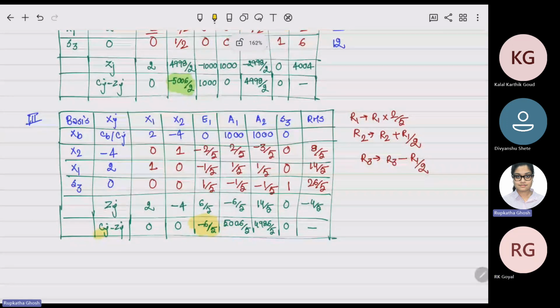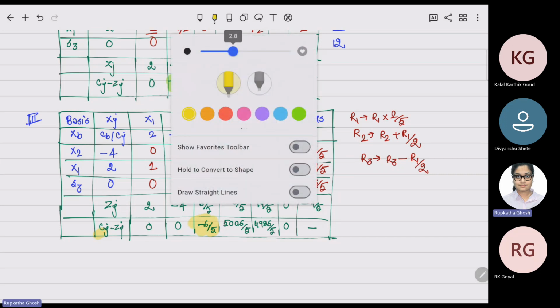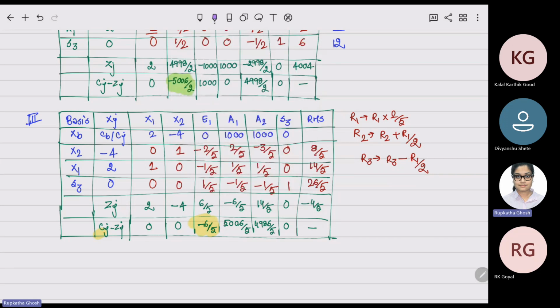See, if you look at this value of Zj in the simplex table here, just a sec. What does this mean? This means 2x1 minus 4x2 plus currently 6 by 5 E1 minus 6 by 5 A1 plus 4.